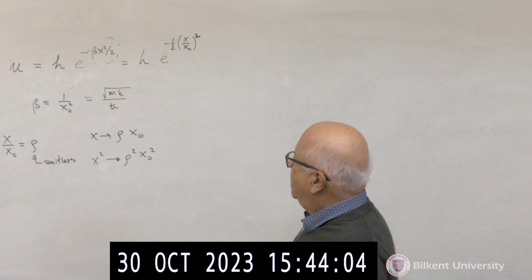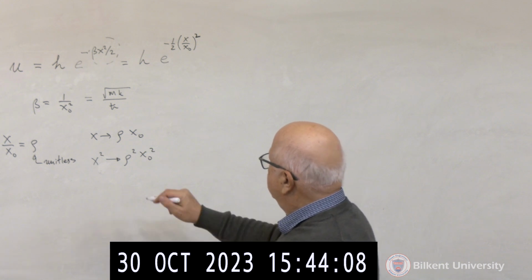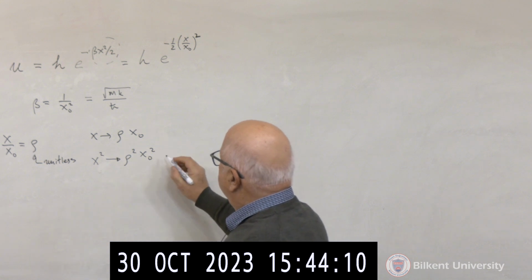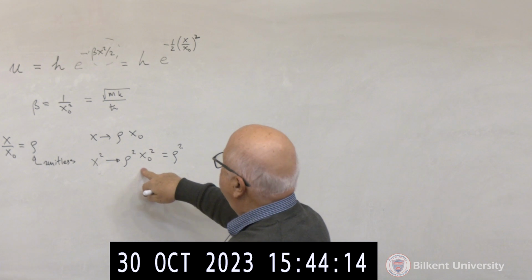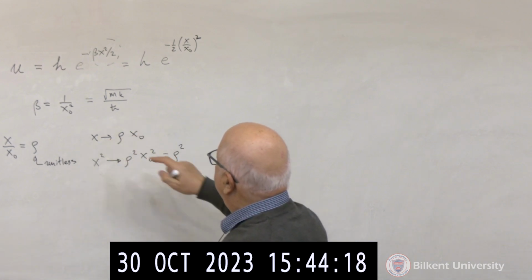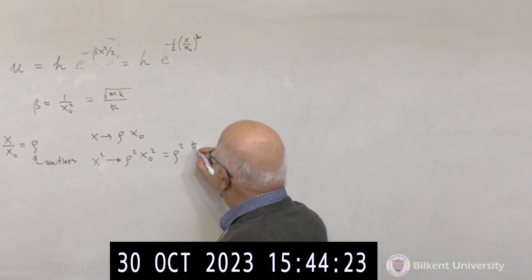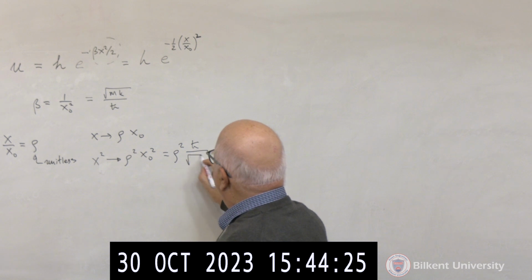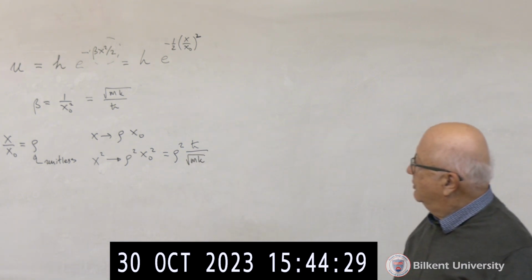And x0 squared is h bar over square root of mk.